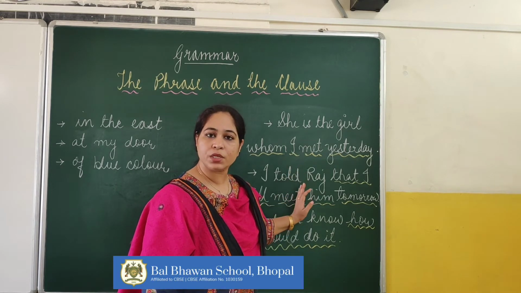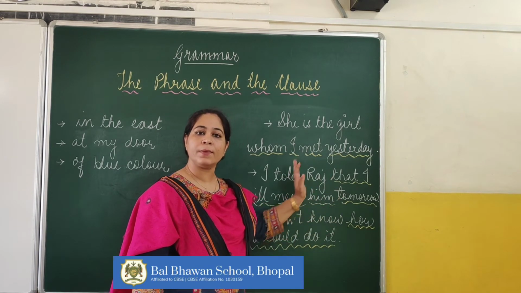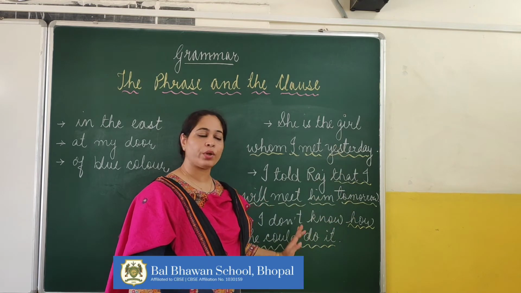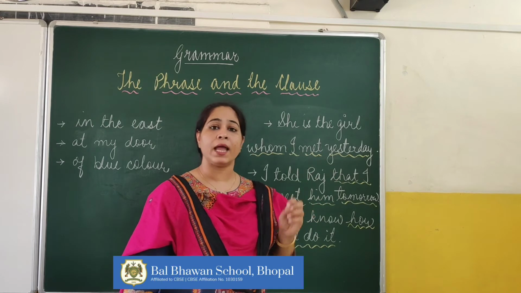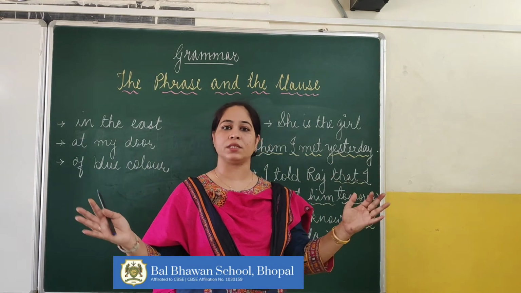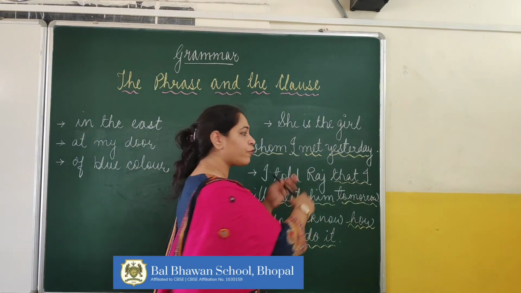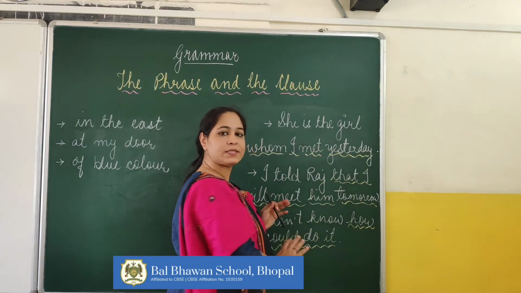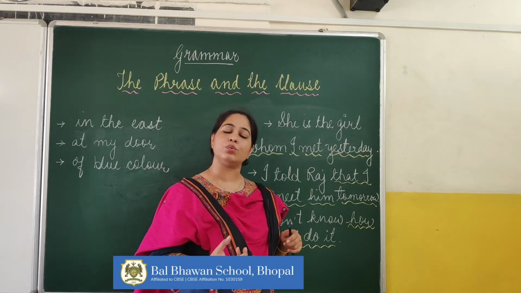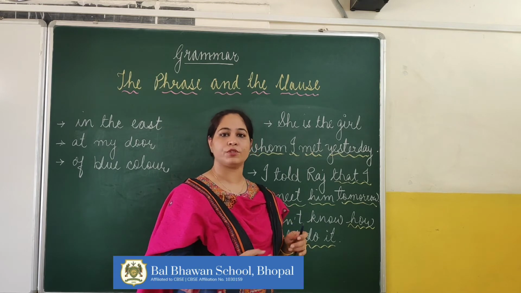They have a subject, they have a verb, they make a complete sense. Okay, it is a complete sentence and it is a part of a larger, complex sentence. So if you pick out the clause from the whole complex sentence, it will stand alone. It will have a complete sense of its own.